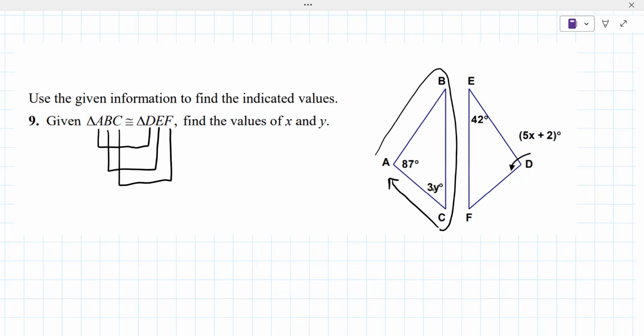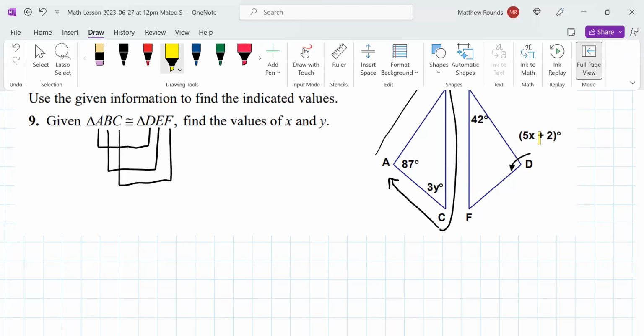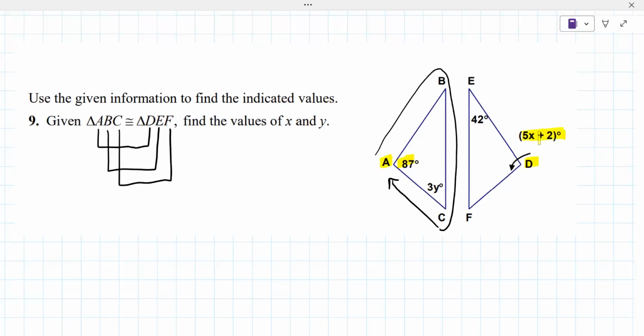Okay. Right. So notice that angle E goes with angle B. So you have to be able to say, okay, E goes with B, which means that 5x plus 2 goes with 87. 5x plus 2 equals 87, like that. And you have to be able to solve for x. Right.